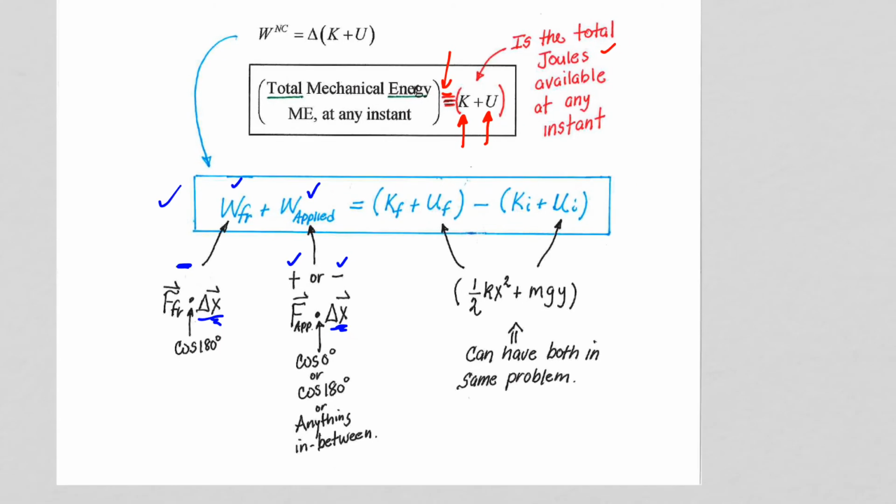So work done by friction plus work done by applied equals kinetic plus potential final minus kinetic plus potential initial. And now the potential energy can have both the spring and gravity if it's a vertical spring problem, where the spring compression is the x, and the vertical motion would also give us an mgy to look at.